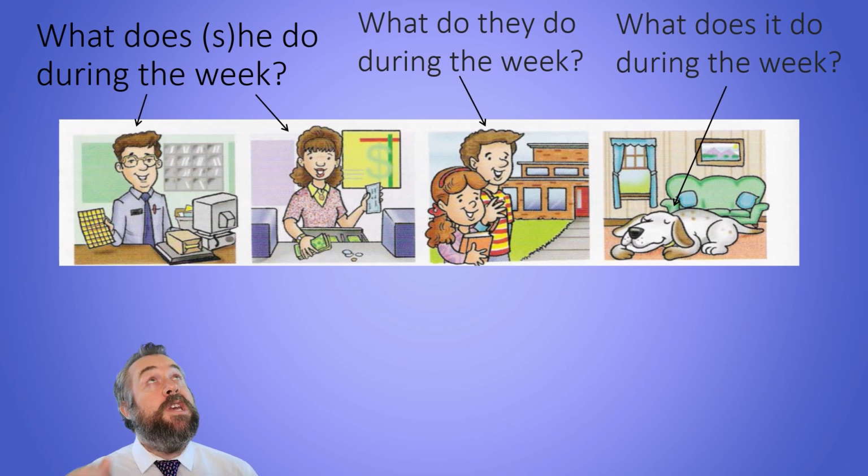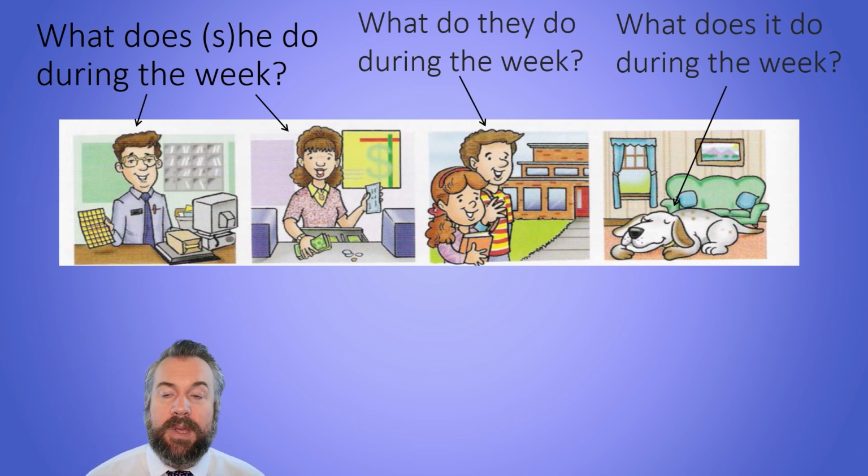What does she do during the week? She works at the bank. Two good jobs. What do they do during the week? They go to school. And what does he do during the week? He stays home alone. That's right.